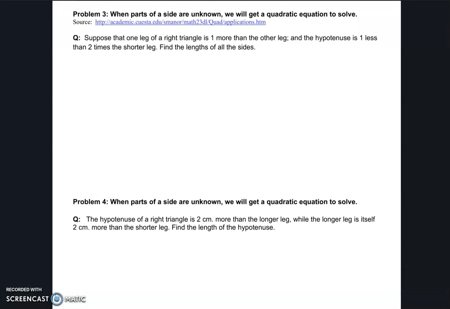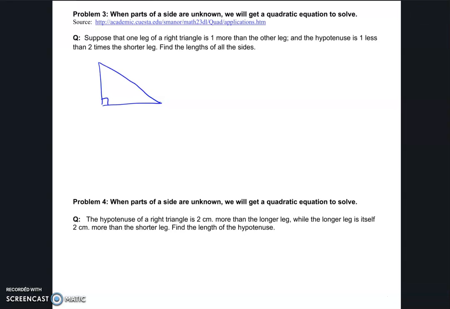For problem 3 and problem 4, we get a little bit more complicated. We're going to use the quadratic formula, but the way this one is set up, we're going to end up with a quadratic. First we're going to draw our right triangle.